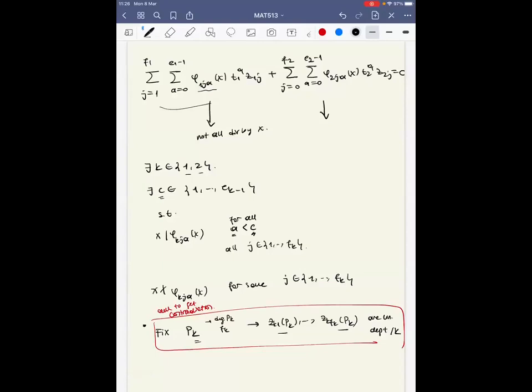Let me continue the proof for k equal to 1. You can also extend it for k equal to 2, for any fixed k.